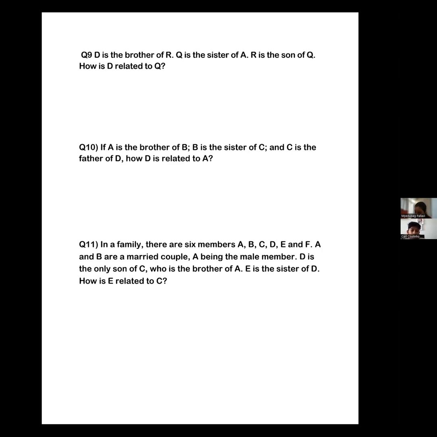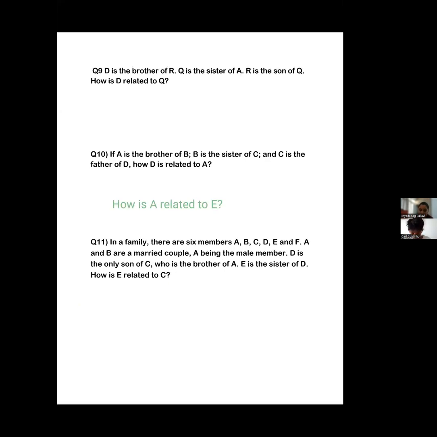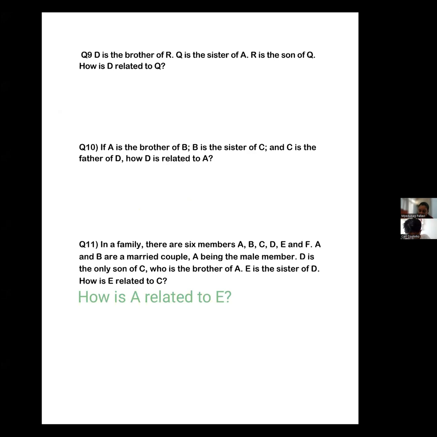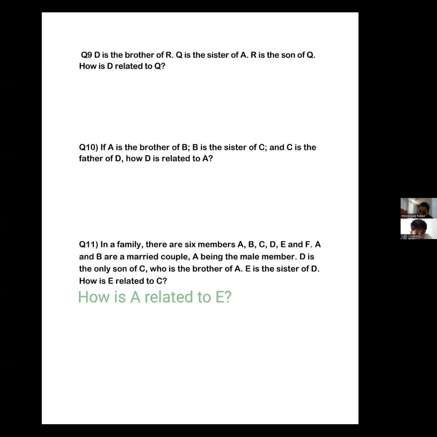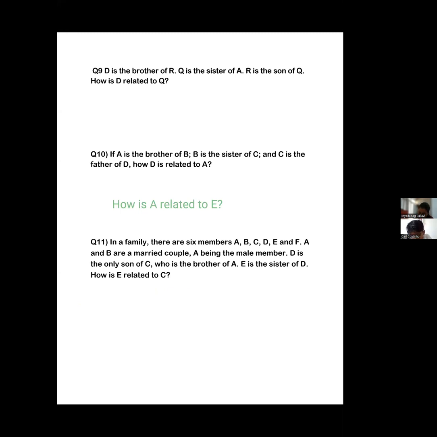E is the daughter of C. Yes, that's correct. E will be the daughter of C. Also find this one. How is A related to E?